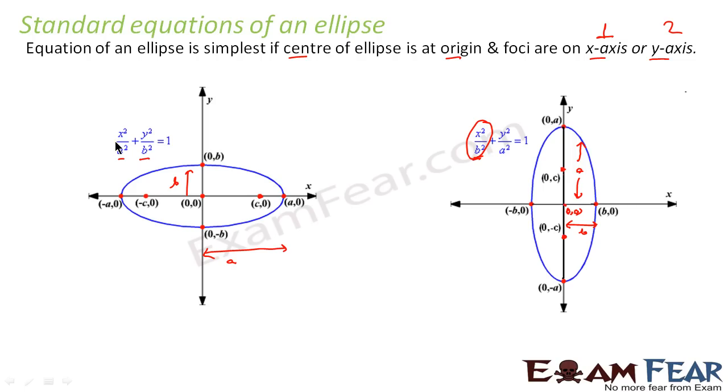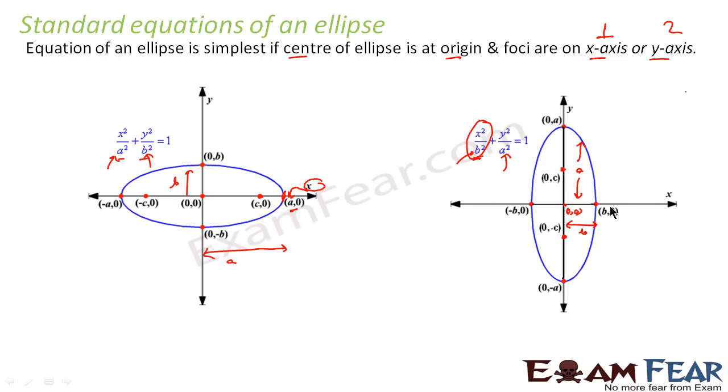You notice the difference? In this case it is x square by a square, here it is x square by b square. In this case it is y square by b square, here it is y square by a square. Please note one thing. In the first case, the vertex on the x-axis is a comma 0. So the ellipse cuts the x-axis at a comma 0, so it is x square by a square.